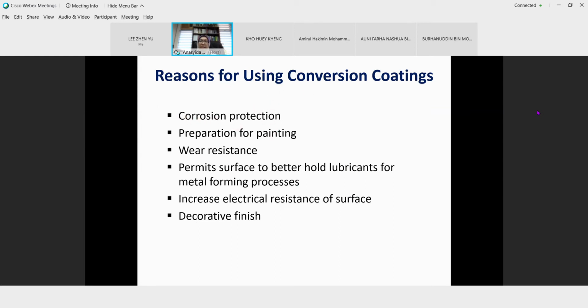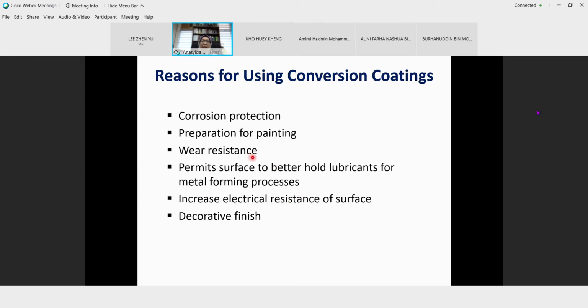Definitely, the first reason is corrosion protection, and the second reason is for the second process of painting. So we do phosphating and then followed by painting, and the third one is wear resistance. We can also permit a better hold of the lubricant, especially in metal forming.